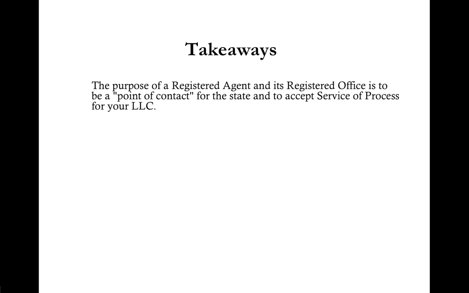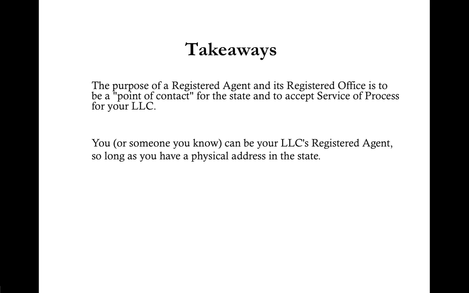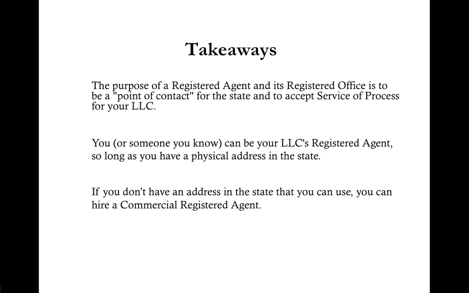Takeaways. The purpose of a registered agent and its registered office is to be a point of contact for the state and to accept service of process for your LLC. You or someone you know can be your LLC's registered agent so long as they have a physical address located in the state. If you don't have an address in the state that you can use, you can hire a commercial registered agent.